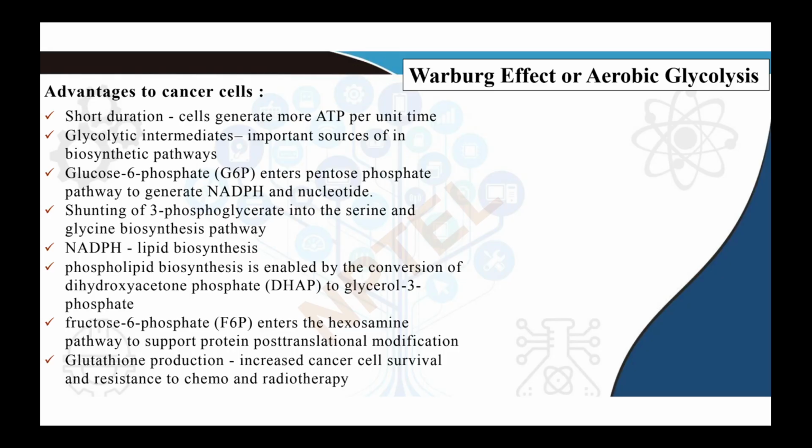Okay, then fructose 6 phosphate enters the hexosamine pathway to support protein post translational modification, glutathione production, increased cancer cell survival and resistance to chemo and radiotherapy.